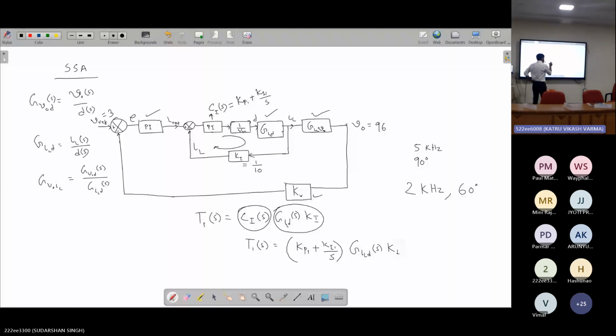Now at the closed loop, this is your closed loop bandwidth specification.